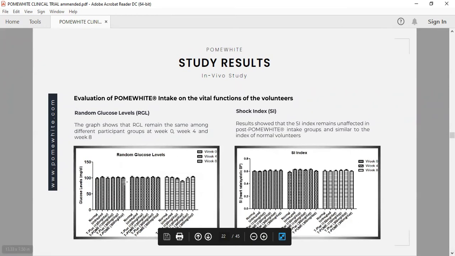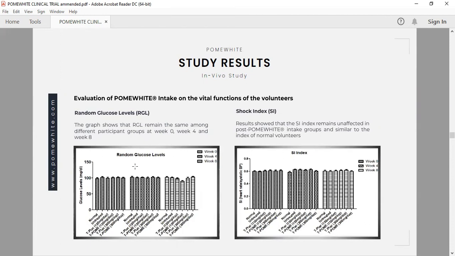Random glucose levels are checked because many people say that the palm white is rich in sugary content. So is it going to increase our sugar level? No, it is not like that, because it is actually not sugar. The good sugars, in the form of fibers, in the form of sucrose, are present in the palm white.